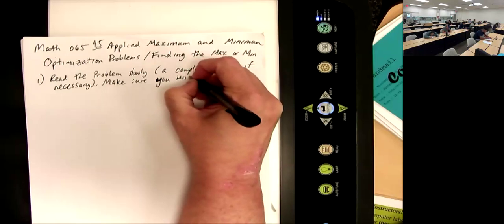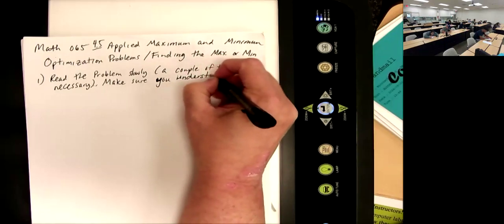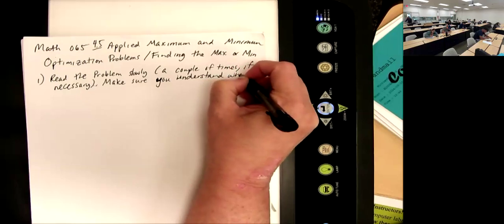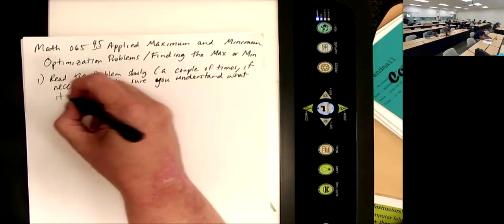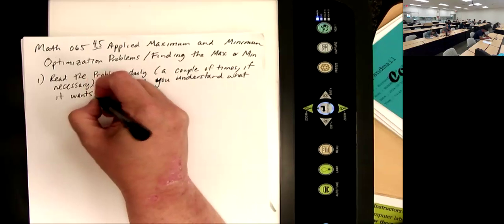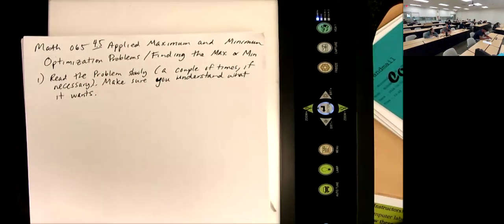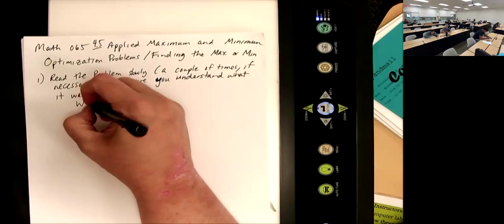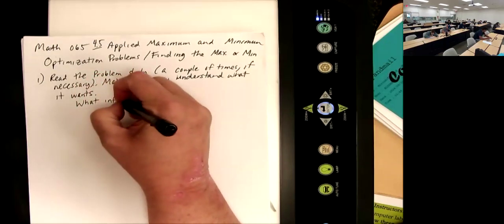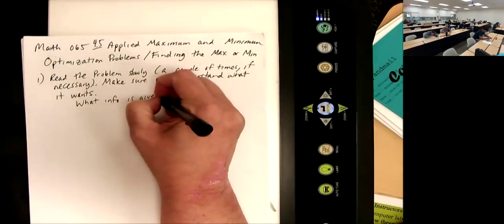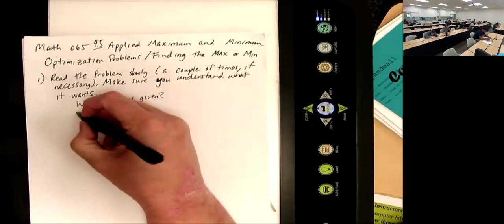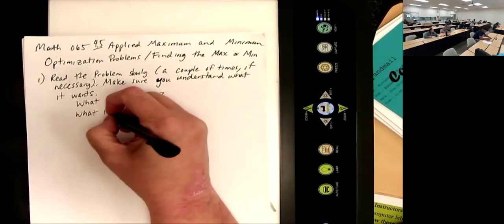Understand what it is. What info is given? What is the unknown quantity you're trying to find?